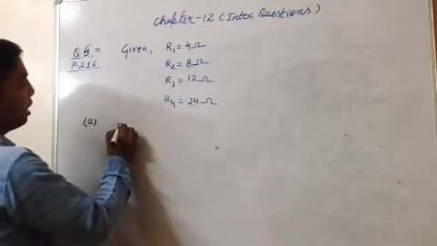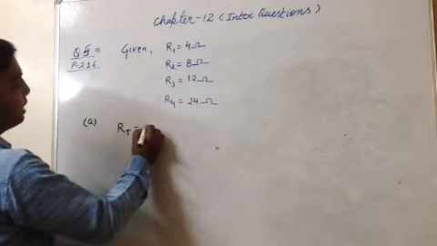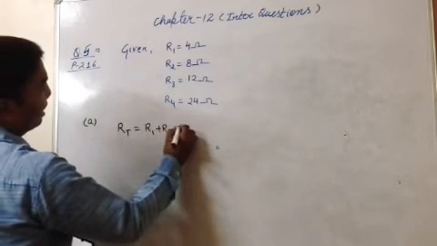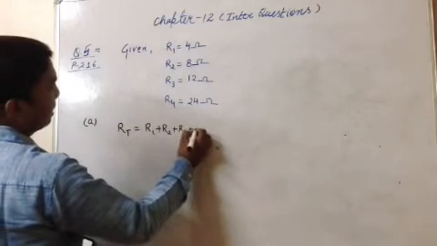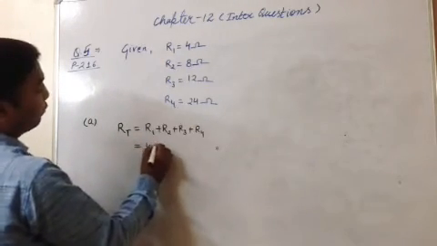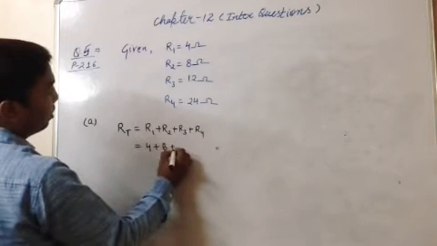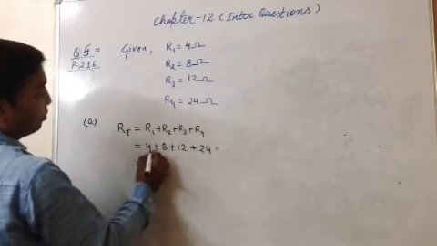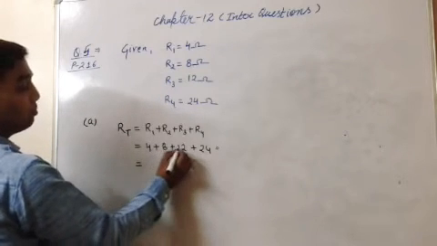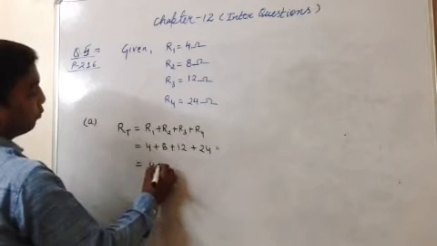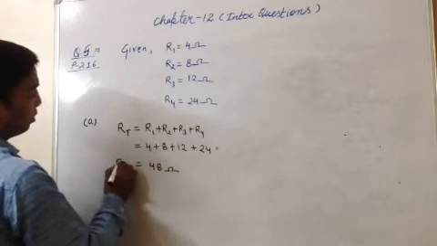So RT would be R1 plus R2 plus R3 plus R4, which is 4 plus 8 plus 12 plus 24, and this becomes 48 ohm.